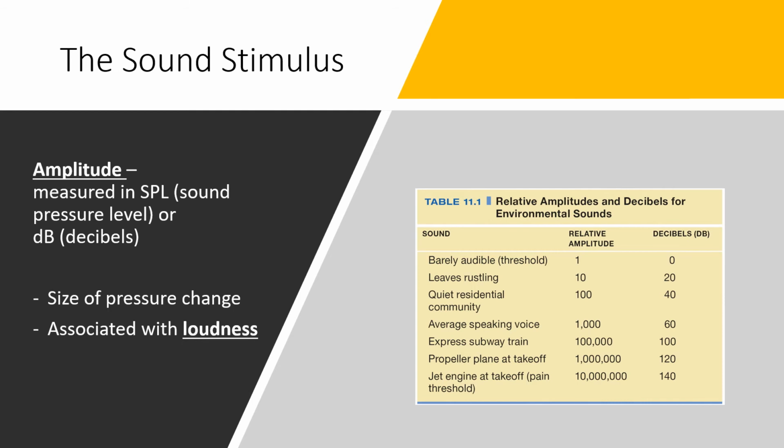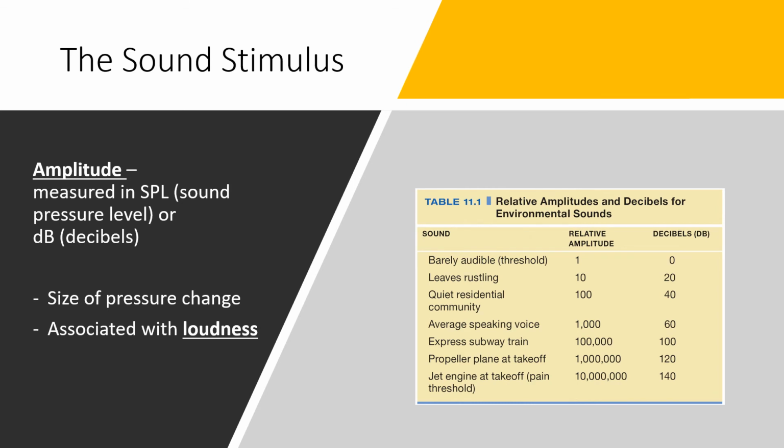Some of that information is repeated, and I have fun doing that, just so you know. And here's a table, again, not to give you a lot of things to remember, but just so you know and can see that we're starting our amplitudes at 1 in the sound pressure level, that measure. That's barely audible. It gets much louder, much faster, in this kind of exponential way, such that if we're talking about leaves rustling and we're putting this all on a figure, it's going to be pretty close to my barely audible.